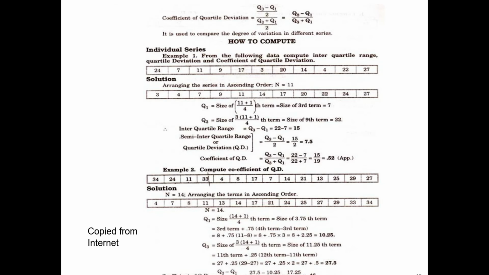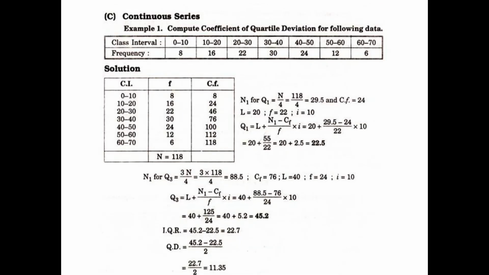I am only revising what you had done earlier. In future, whenever you want to use it, you can contact me. I am ready to help you at any moment, my gates are open for you 24 hours. For continuous data, we have computed quartile deviation and interquartile range. Very simple.